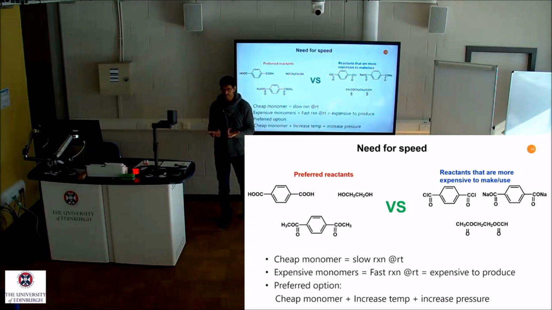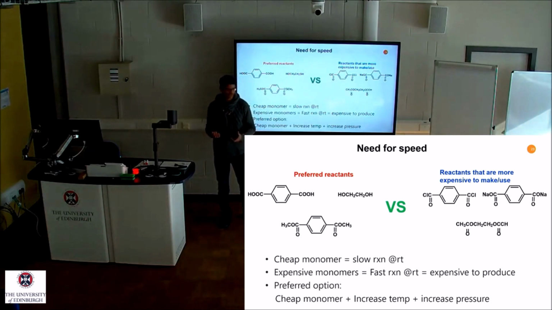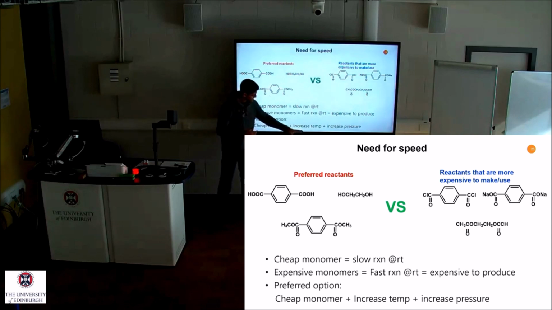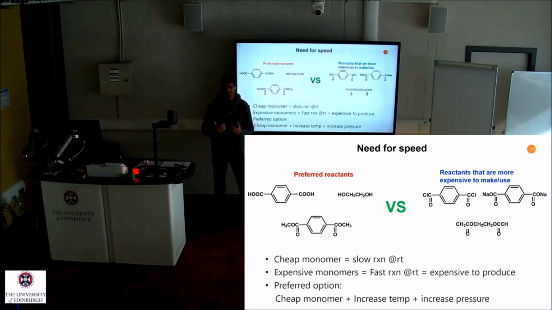So now let's say you want to further decrease the cost. Can you tell me another way that you can even further decrease the cost? Let's say you take the cheaper monomer and you just apply more temperature and pressure. Of course, it takes more energy, but you want to make it even more cost effective. You want to make it even cheaper.